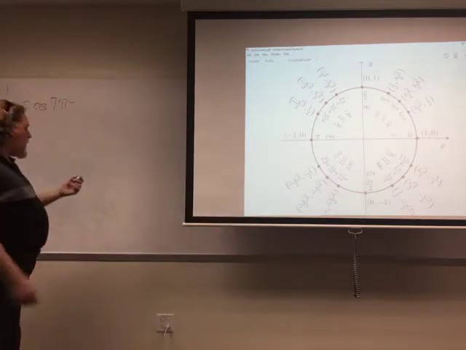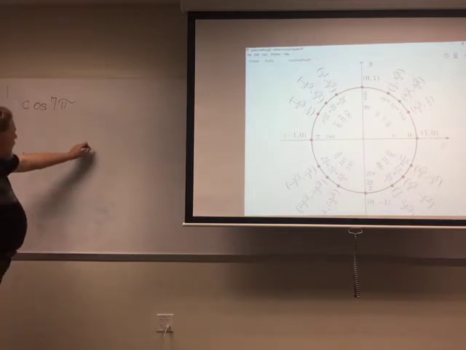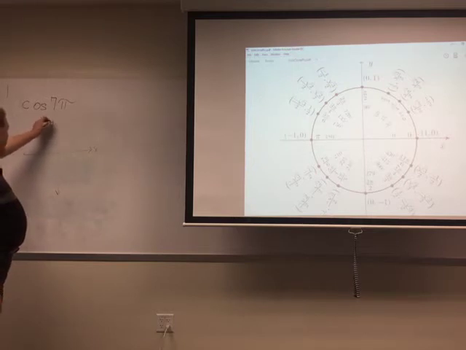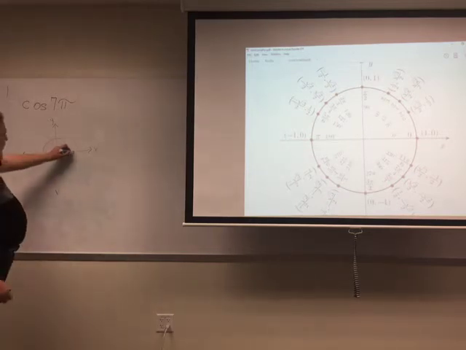And in fact, if I were to draw a picture of 7 pi, here's my x-axis, here's my y-axis, here's the circle I draw around my angle. I always start here. This is the initial side, always. And let's do that in a different color. So here I am starting at 0.